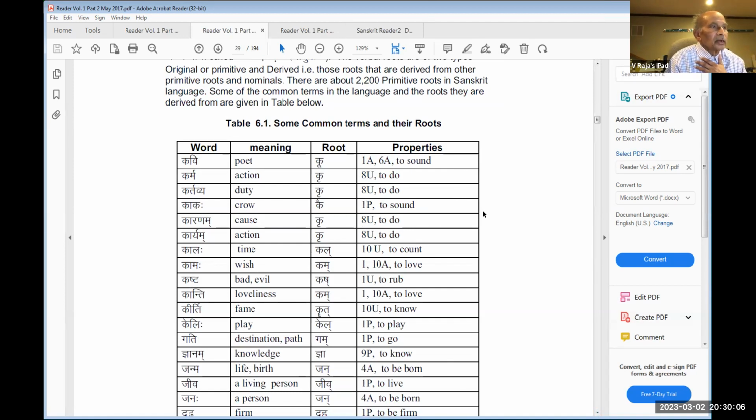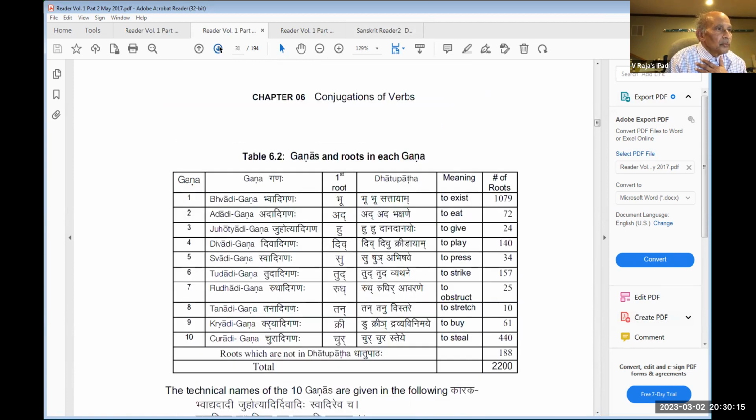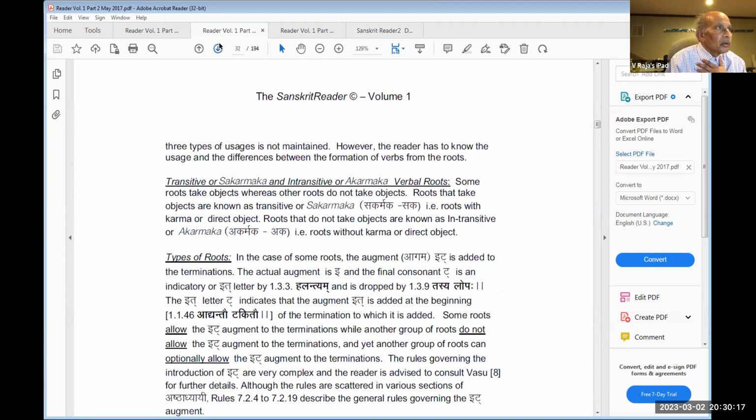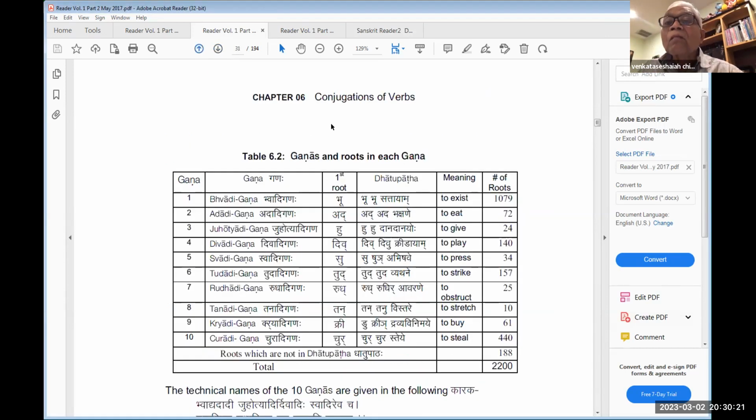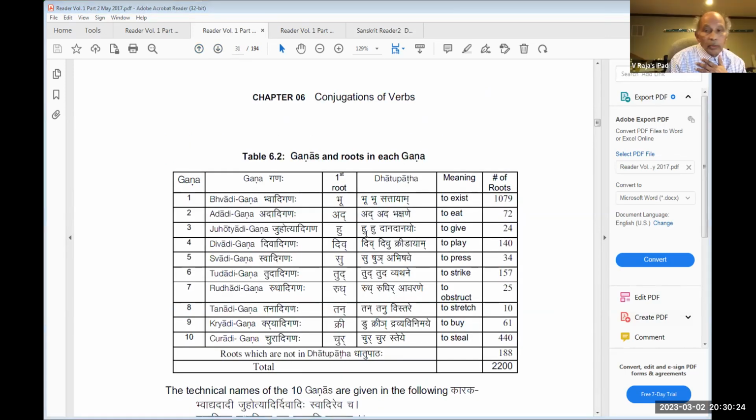Let me explain that. The roots, I mentioned to you, Panini divided them into 10 groups based on human existence. We exist in this world. The moment we exist, we eat.